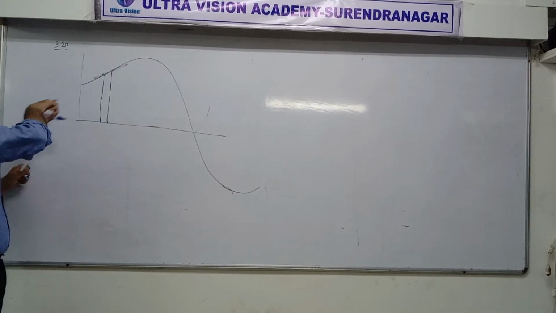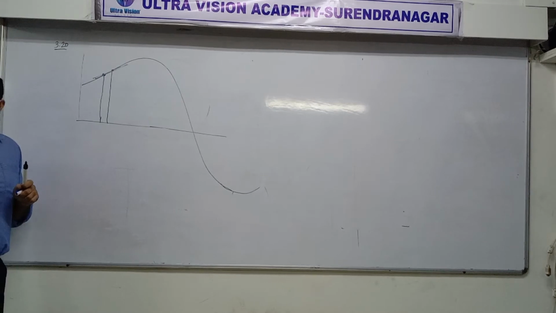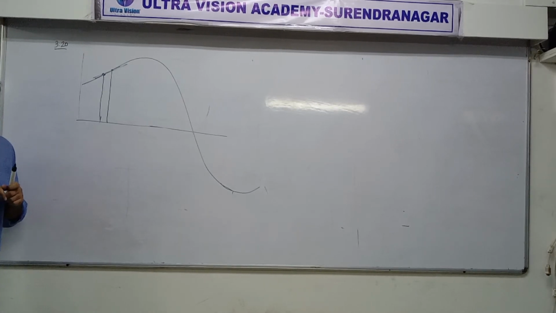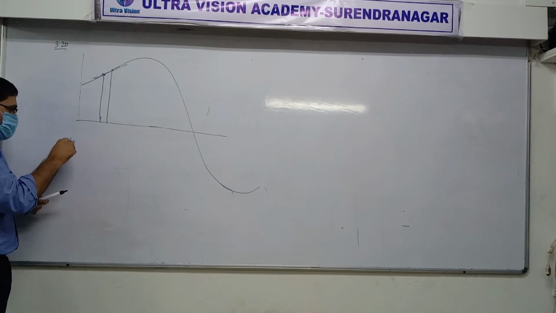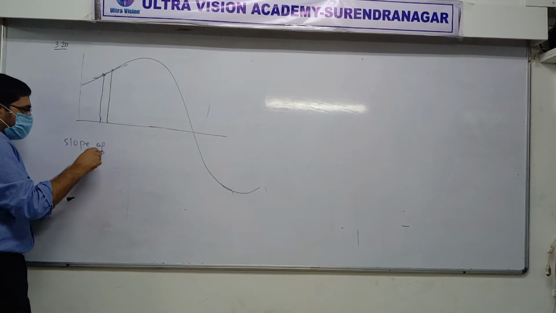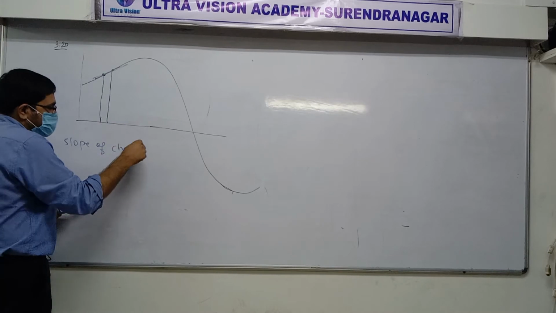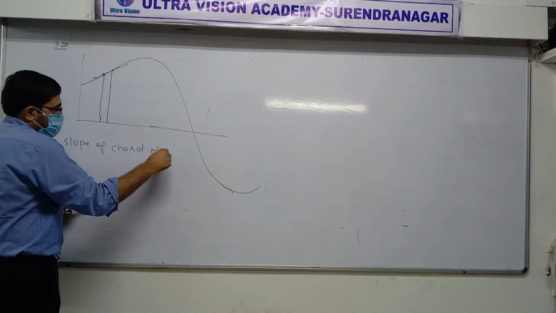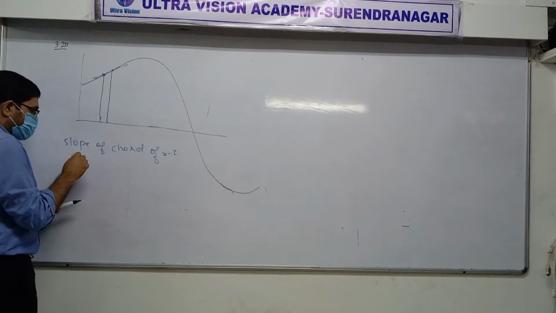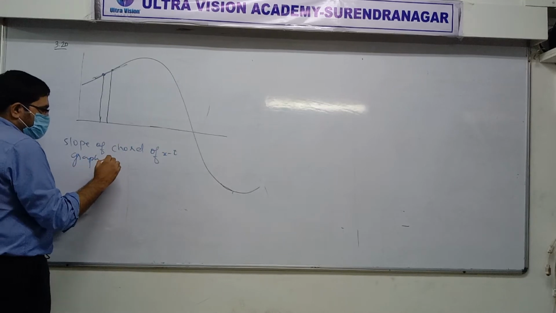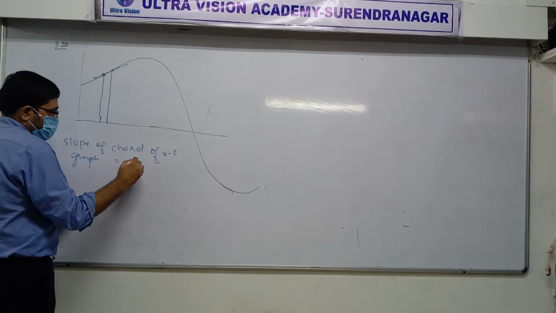Look at its slope. Is the slope positive or negative? Positive. So average velocity is also positive, because slope of chord of x-t graph gives average velocity.